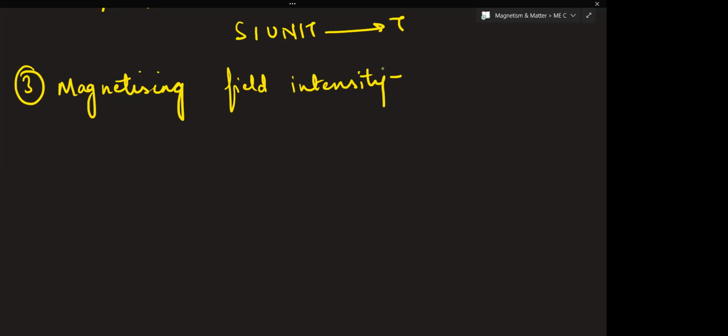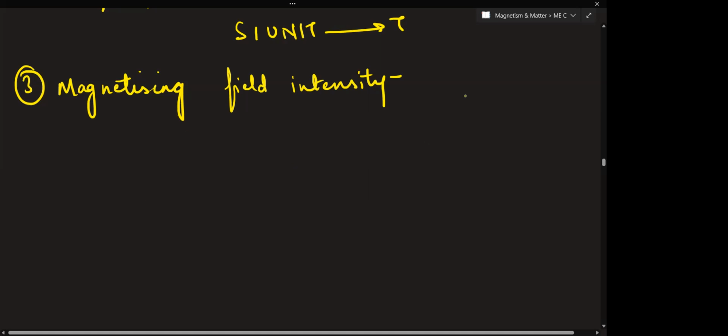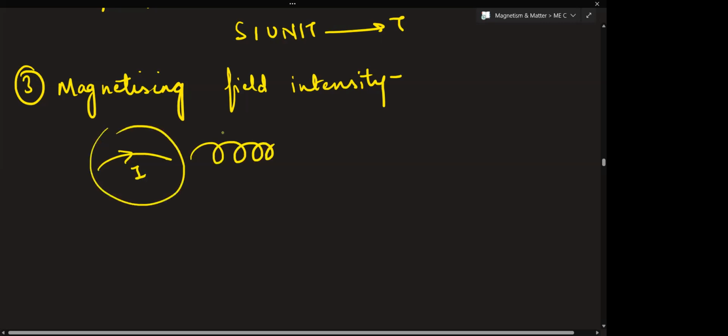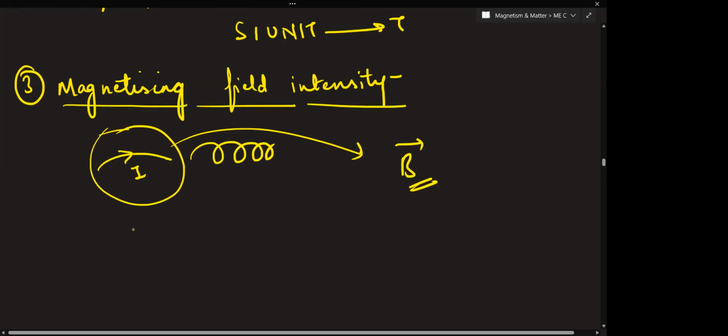It is the amount of current flowing per unit length, especially in a solenoid, that is required to produce a certain magnetic field. Some amount of current will be there, and turns are also present. This is represented by the symbol H.